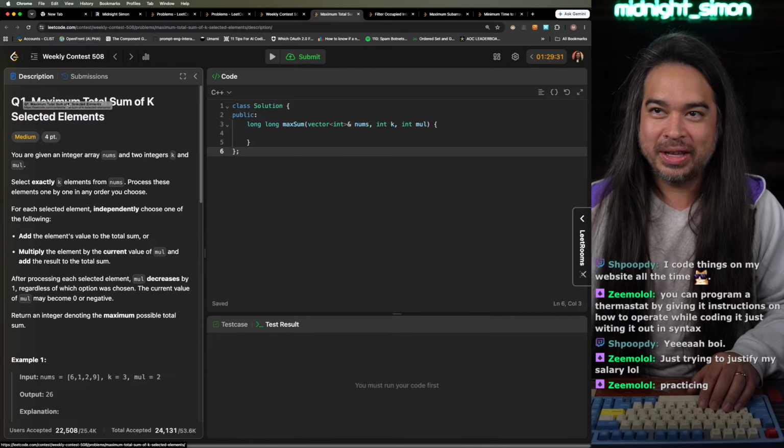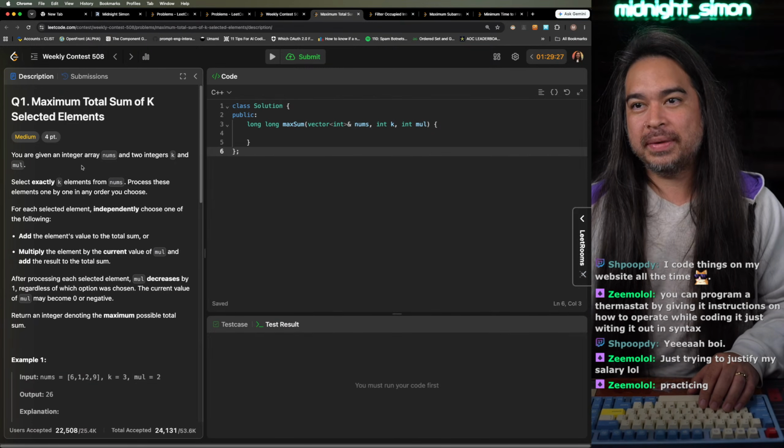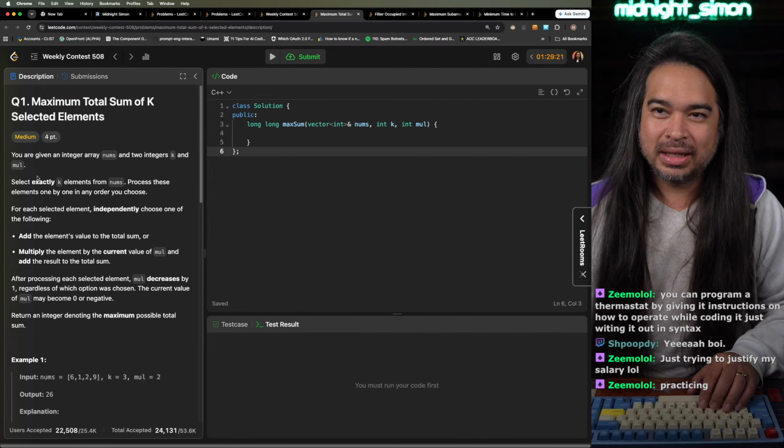Alright, Q1. Maximum total sum of k selected elements. You're given an integer array nums and two integers k and mul. Select exactly k elements from nums. Process these elements one by one in any order you choose.